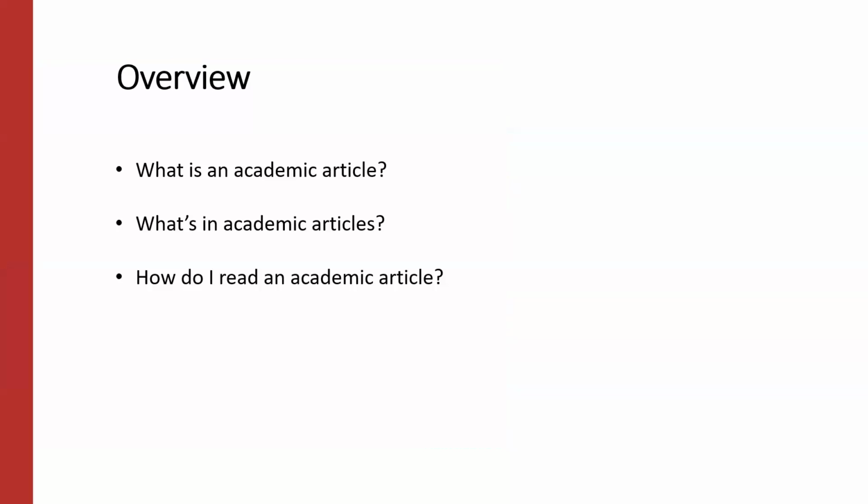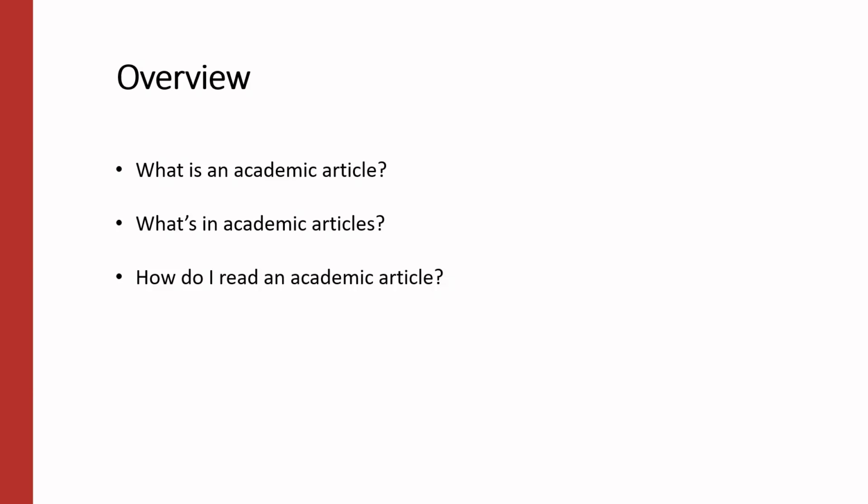So in terms of what I'd like to talk about today is, first, we're going to go briefly over what is an academic article. We're going to talk about what's in academic articles. And then we're going to share some tips about how you can read an academic article. And that really should be how to efficiently read an academic article.